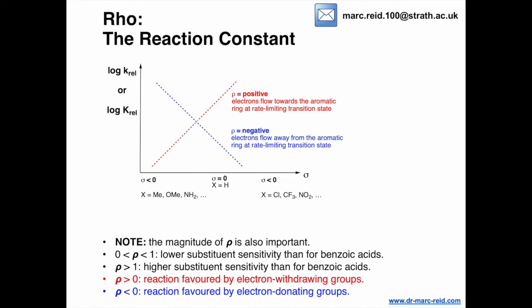As you move right along the x-axis, the y-axis increases, be that for a rate constant or an equilibrium constant. Conversely, when ρ is negative or slopes down, the reaction is said to be favoured by electron donating groups. In the following slides, we'll look at some example reactions that can be understood in part by such a Hammett analysis.